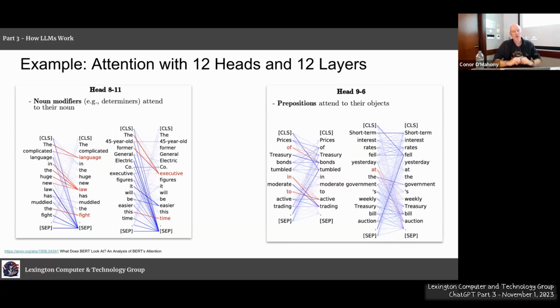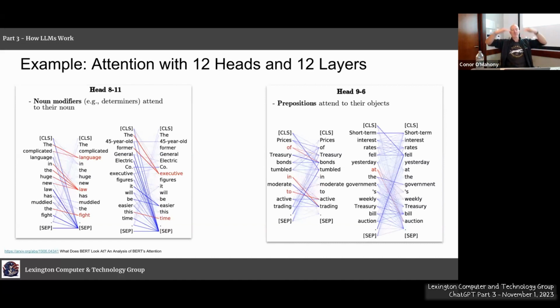Now, the earlier layers are identifying relatively simple things. They're doing things like identifying what word prepositions attend to, what word they're related to. They do things like identifying synonyms for words, and replacing those prepositions with some meaningful representation of what they're attending to.